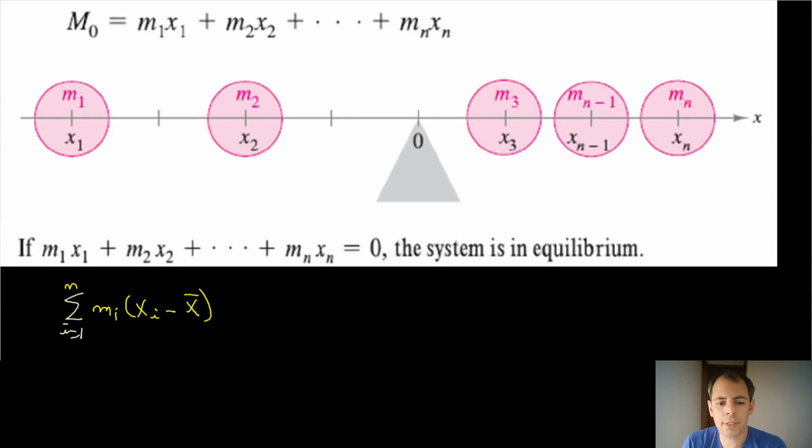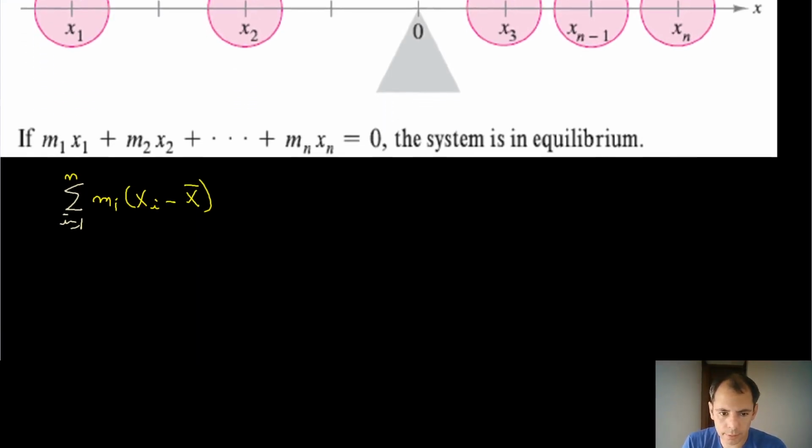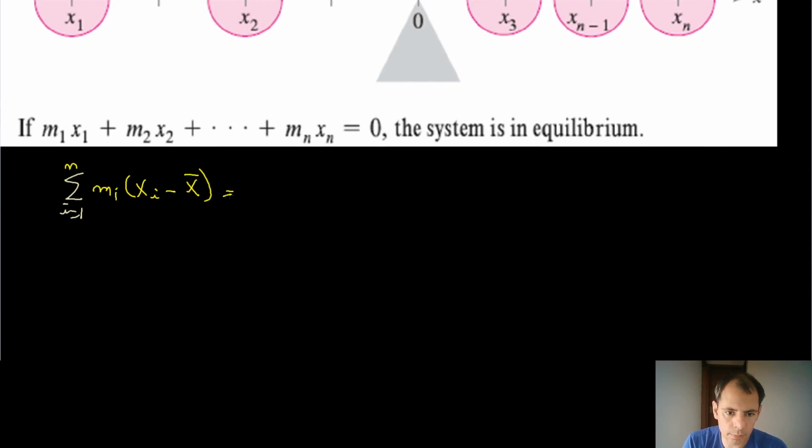This x average is actually the center of mass. We're not talking about the center of gravity right now because there's no force. It's just the center of mass. So this is going to be equal to the summation from i equals 1 all the way to n of mi xi. What is this xi minus x?